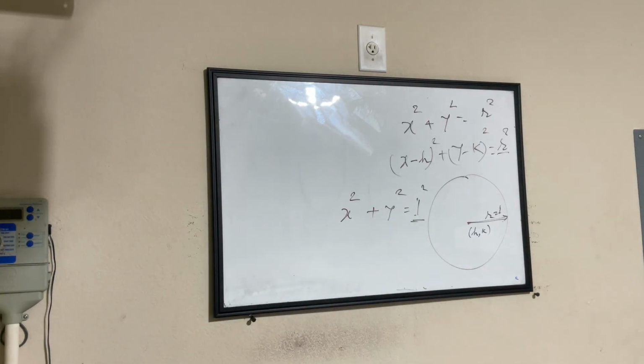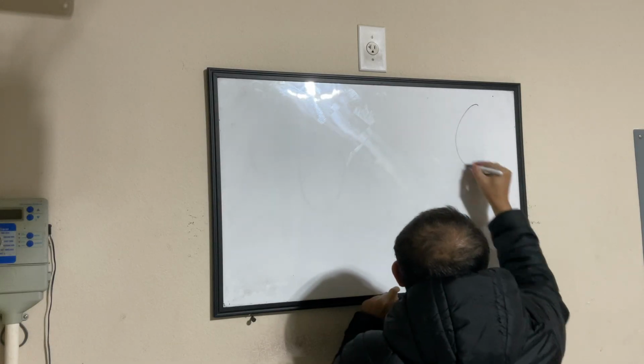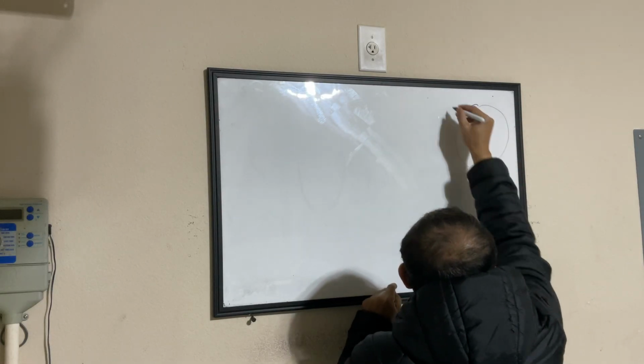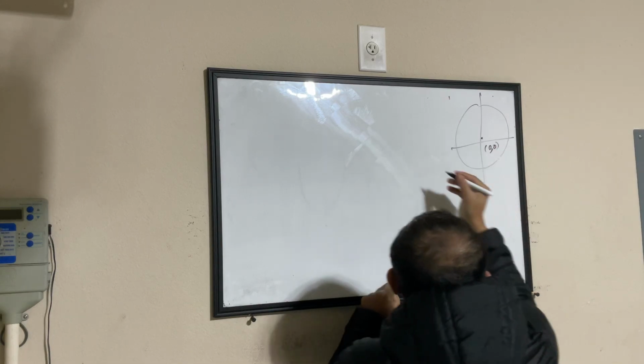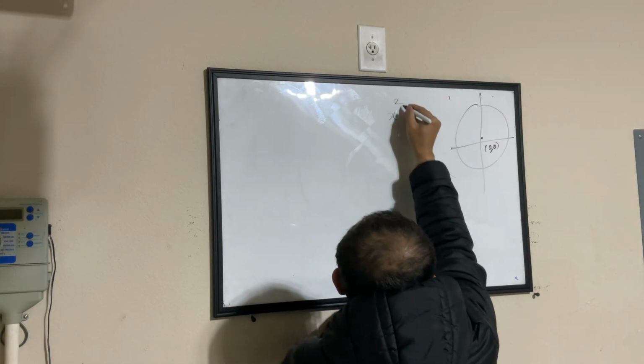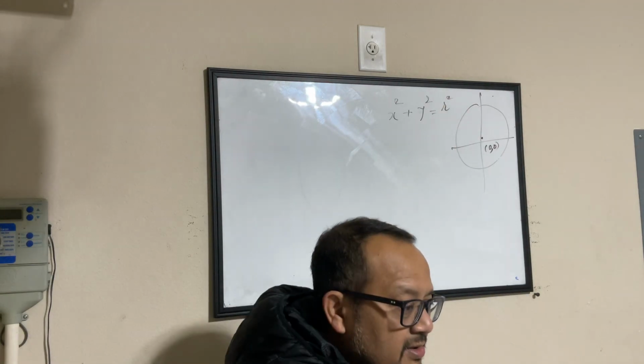Now for now we will assume that the center of the circle is the origin of the coordinate plane, meaning 0, 0. So in that case, the circle equation would be x square plus y square equal to r square. Correct?